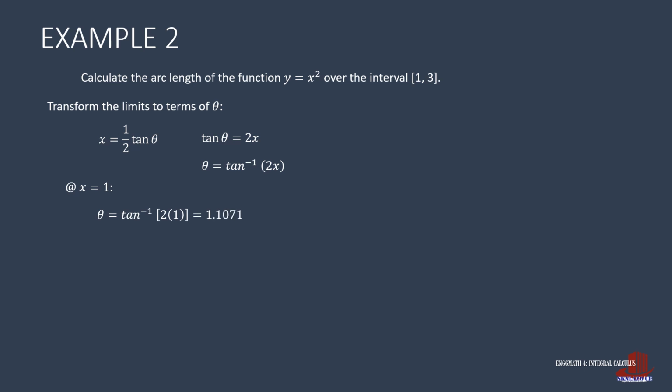Theta is then arctangent of twice of 1, and that is 1.1071. The upper limit has x as equal to 3, giving theta as arctangent of twice of 3, and that is 1.4056.